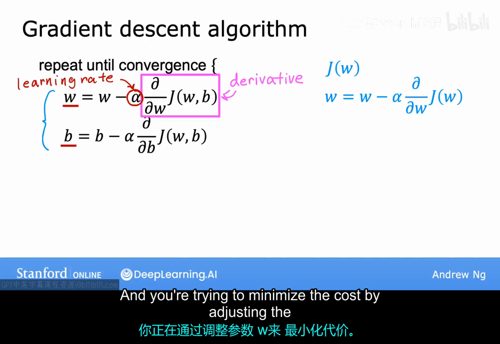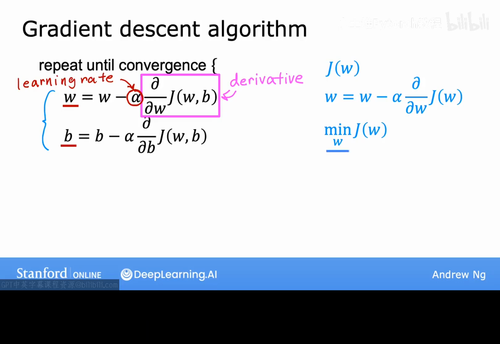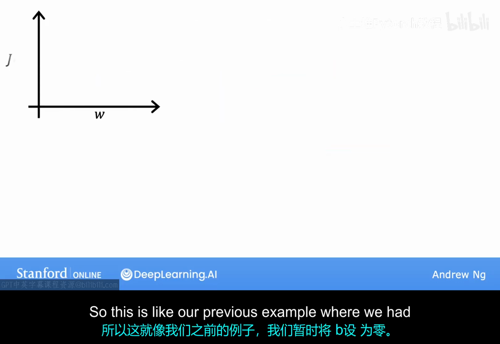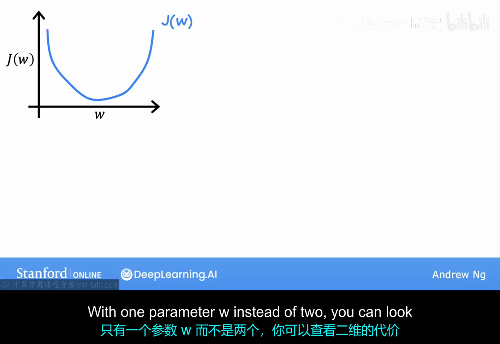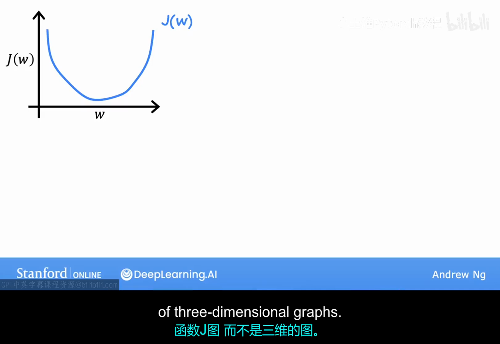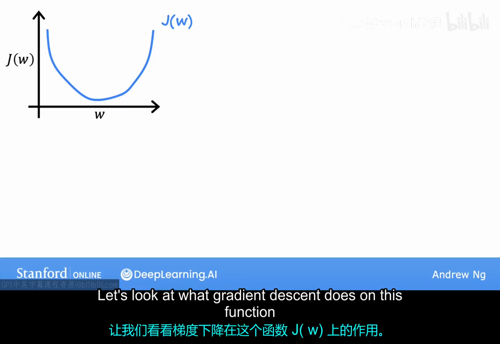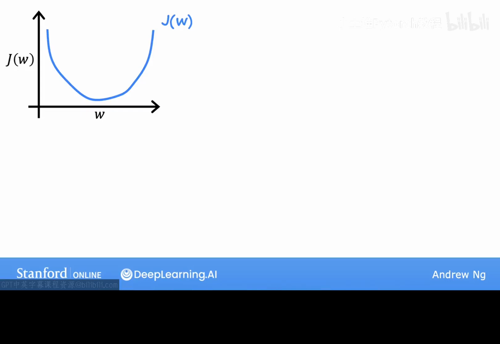And you're trying to minimize the cost by adjusting the parameter w. So this is like our previous example where we had temporarily set b equal to 0. With one parameter w instead of 2, you can look at two-dimensional graphs of the cost function J instead of three-dimensional graphs. Let's look at what gradient descent does on this function J of w.